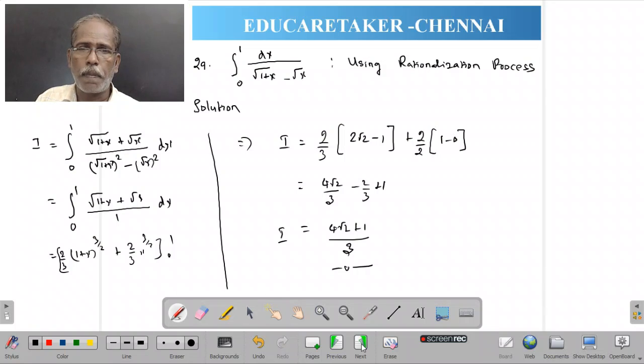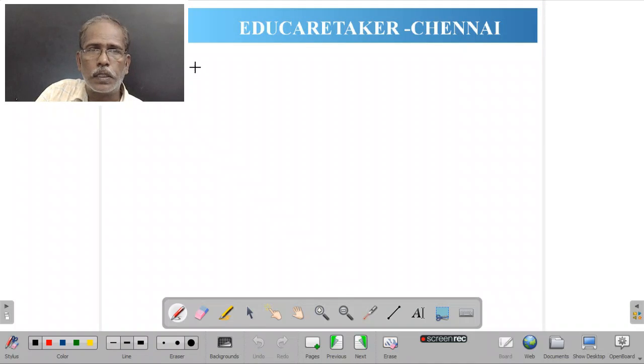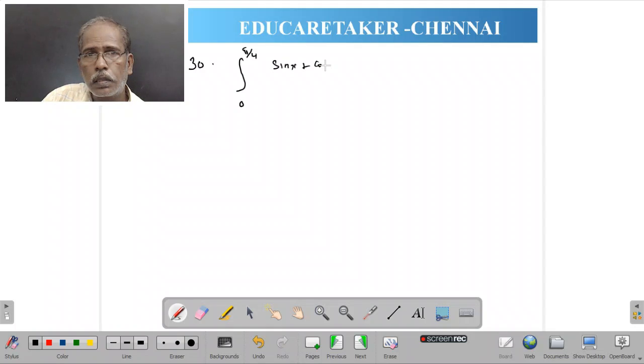Next question, 30th question. Integral with the lower limit 0, upper limit pi by 4, sin x plus cos x in the numerator, the denominator 9 plus 16 sin 2x.